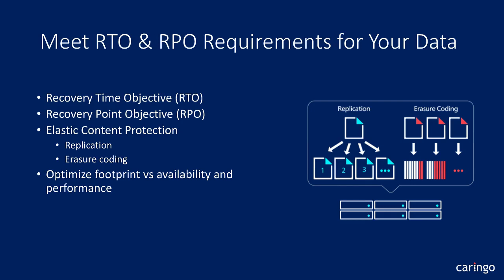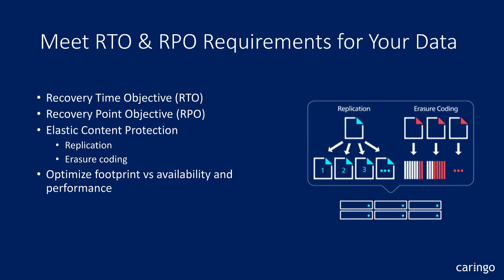Back in the day with file systems, the storage administrator deployed a file system, set up a certain level of RAID or mirroring on the box, and stamped it as having a recovery point objective of the last committed transaction, or the last 5 minutes' worth of committed transactions on the disk storage system.